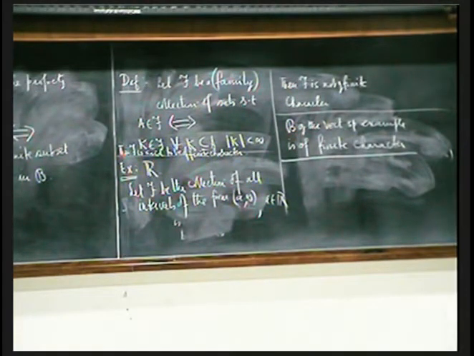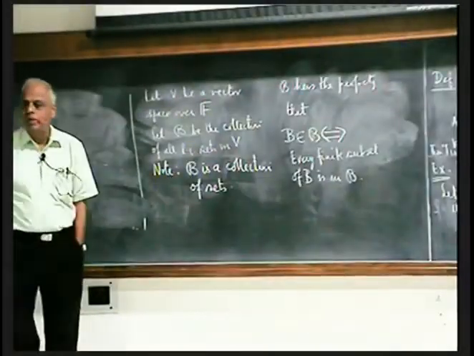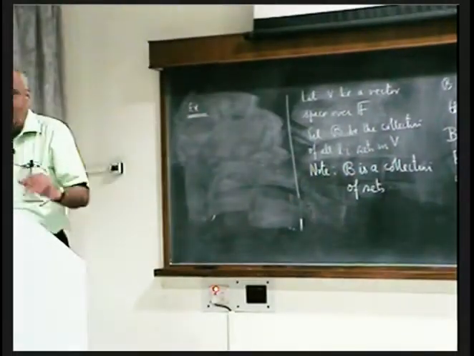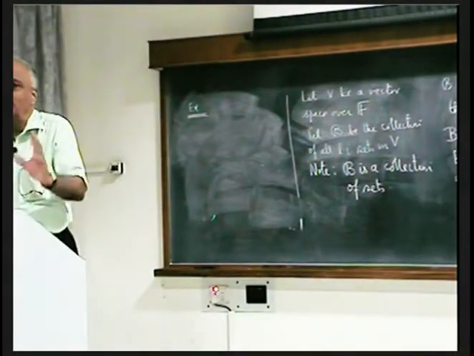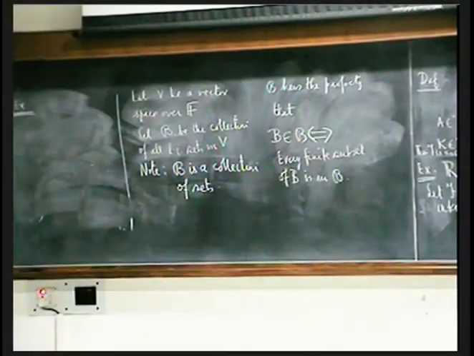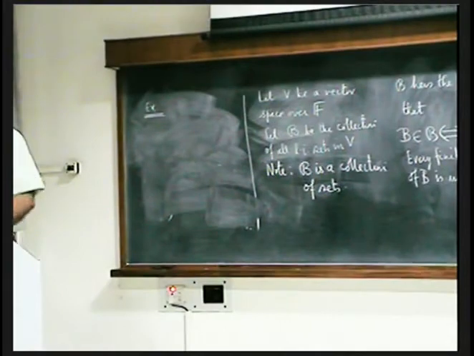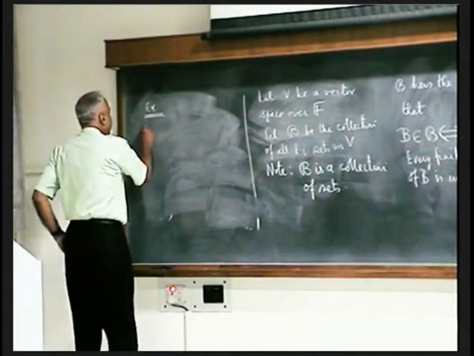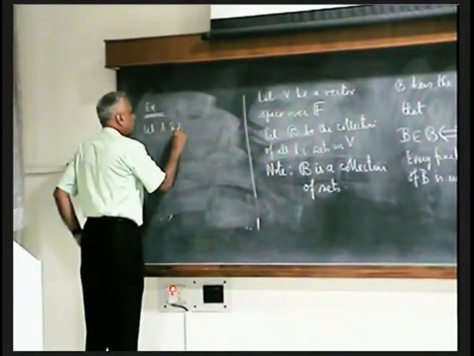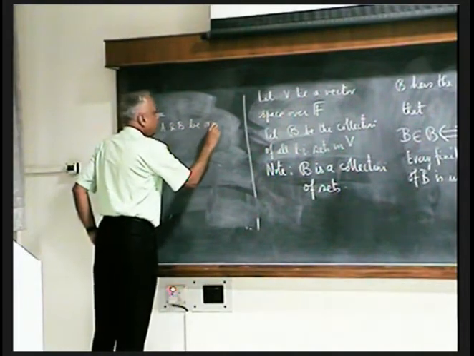Let me give you one more example of finite character. We have already seen a function from one set to another, with the domain being a part of this set and the codomain being B. So let A and B be any two non-empty sets.